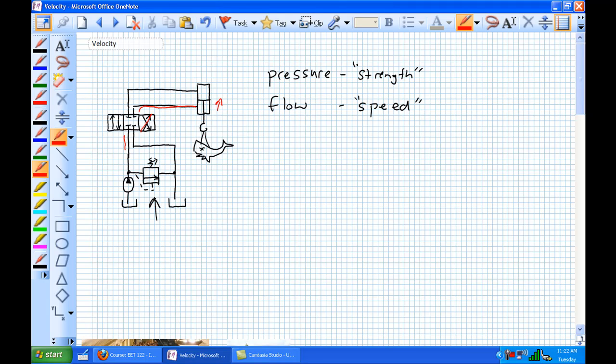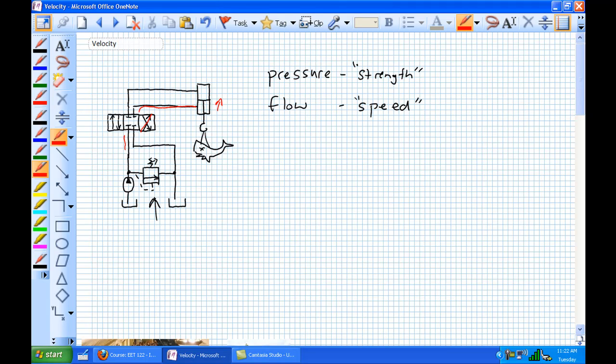Now we go ahead and increase our pressure relief valve to 1000 psi, then it can lift the whale. Okay, and now the captain says, I want that whale lifted onto my ship faster. And then along comes Johnny Loco. He goes, well, I'm going to lift it faster by increasing the pressure relief valve to 1200 psi. And this is the point you've got to stop Johnny Loco.